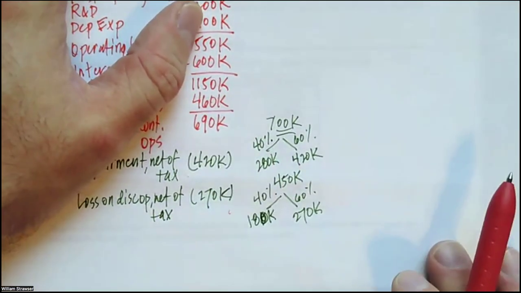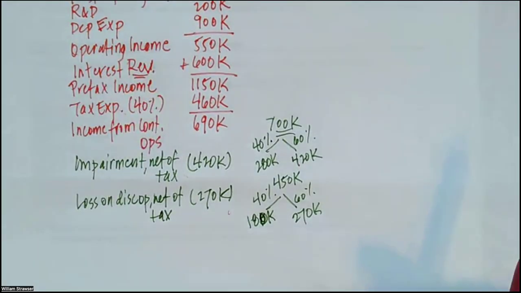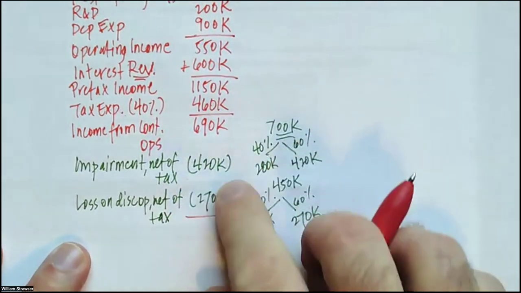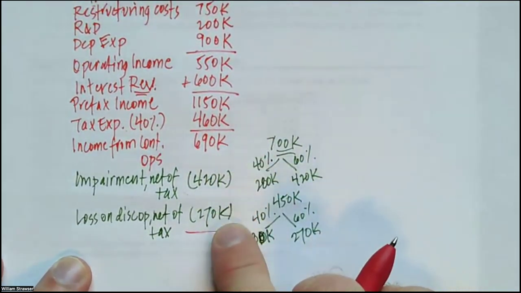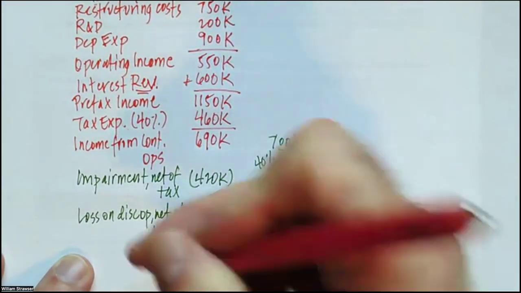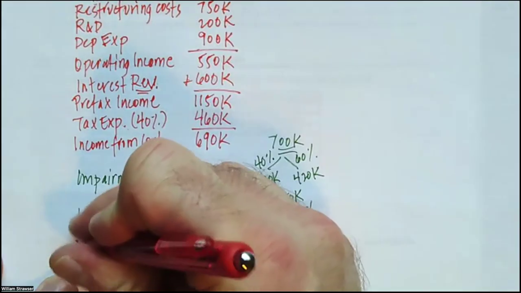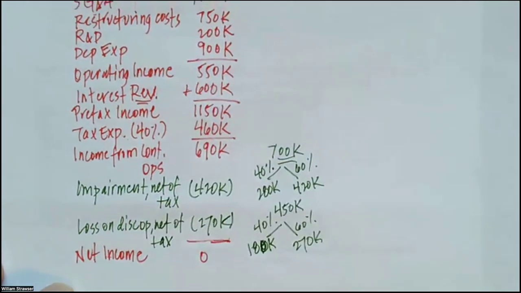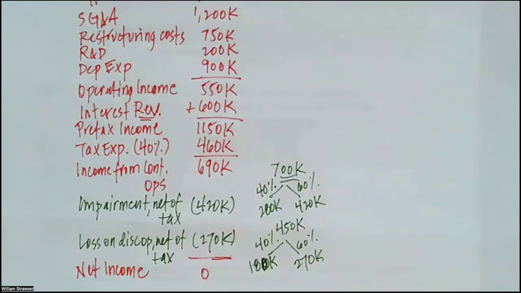And so take this, that's an interesting phenomenon. Now if we take the 690 and then subtract 420 and 270, we're going to come up with zero net income. And I'm going to take a moment to check this.